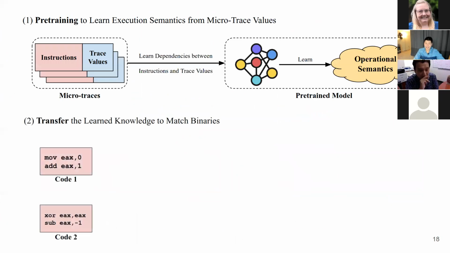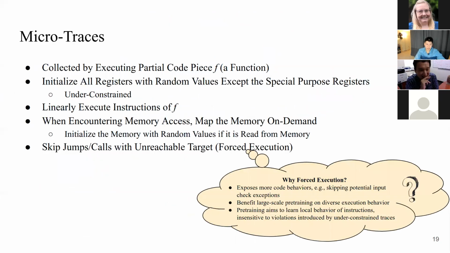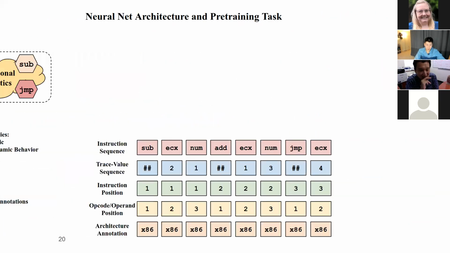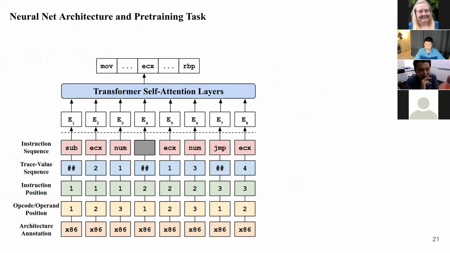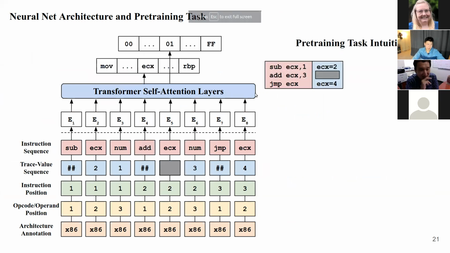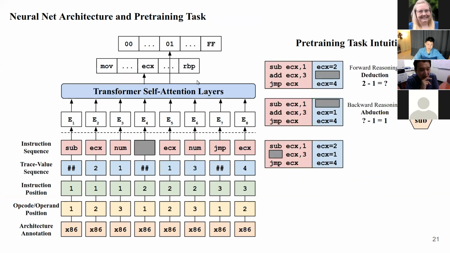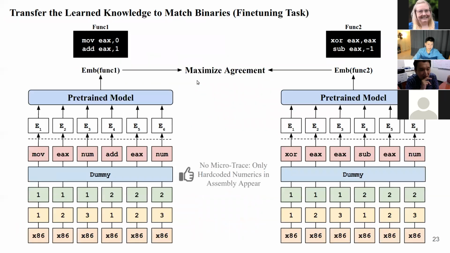You did not miss that. It's my problem of not showing too many details here. Actually, after pre-training with this task, yes, we keep these pre-trained transformer layers and stack new layers on top of it, and try to predict, for example, function similarity. If we're doing function similarity, here we have the pre-trained model, and we indeed stack more layers here to transform the output of the pre-trained model to another embedding and then match their similarity.